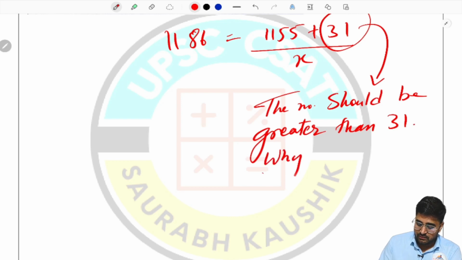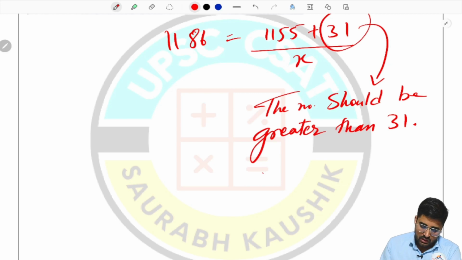The question is why? Because if it is below 31, how can it give remainder 31? If it is 18, for example, how would it give remainder 31? So it is obvious that the number should be greater than 31.